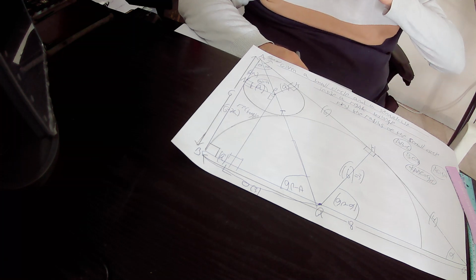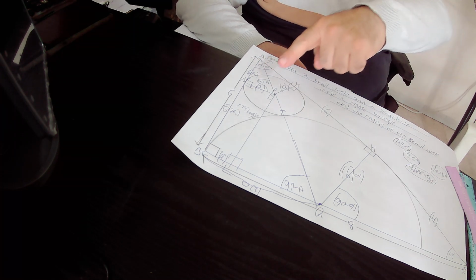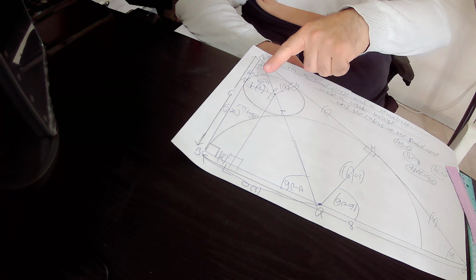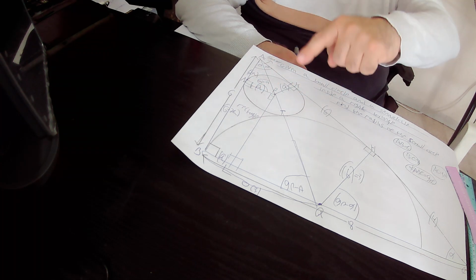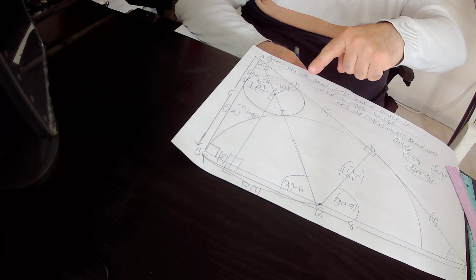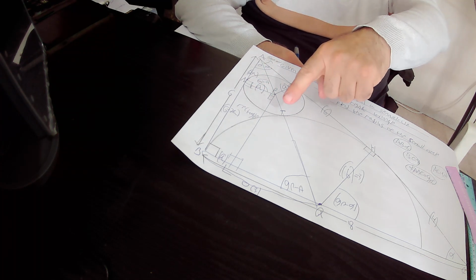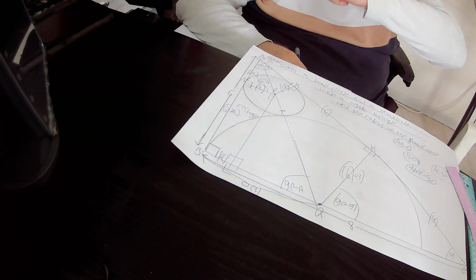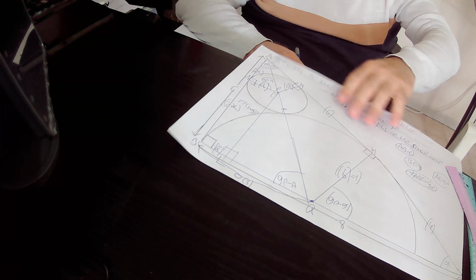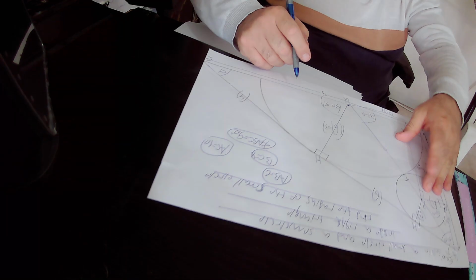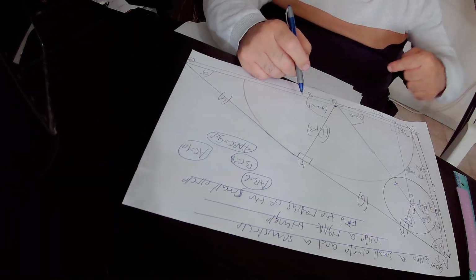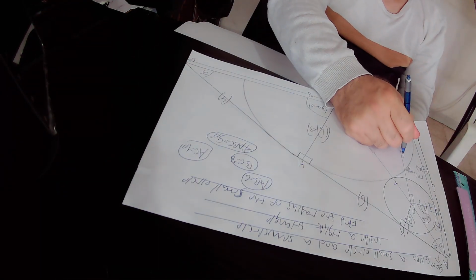Okay, but NP equals 6 minus 2A, so PL must also be equal to 6 minus 2A. PL equals 6 minus 2A.